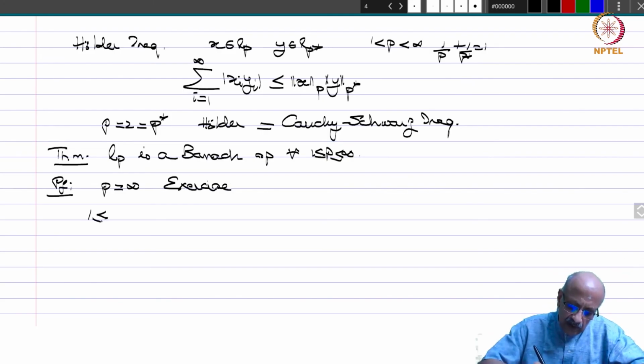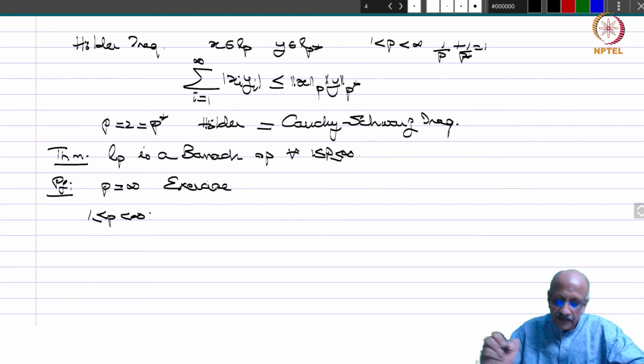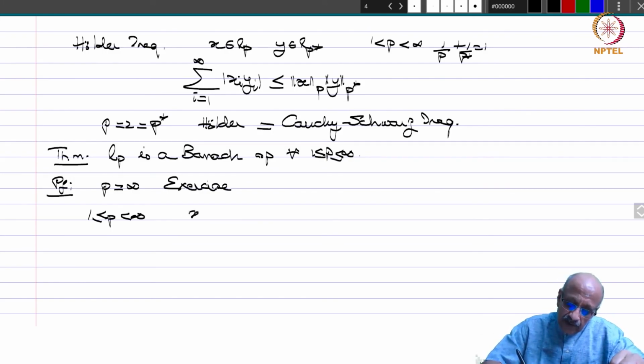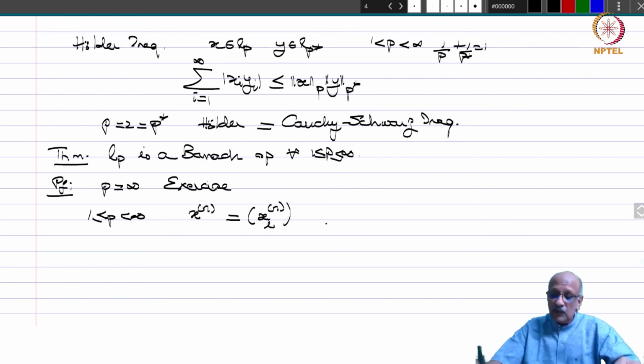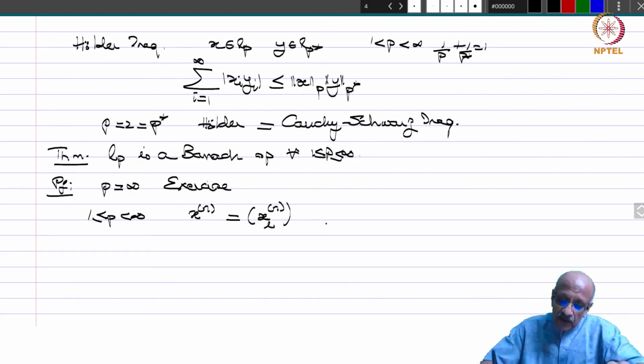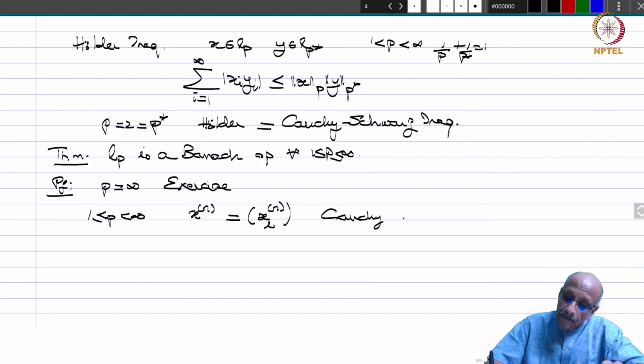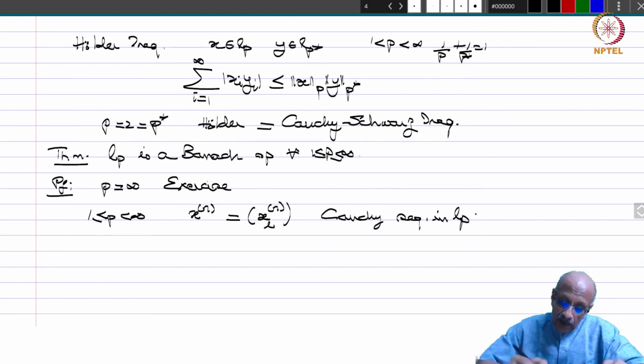So we assume now that 1 ≤ p < infinity, and we have to show that every Cauchy sequence is convergent. Okay, so let us take a Cauchy sequence x_n. I will write its coordinates, so x_n = (x_n^i), where i is going from 1 to infinity for every fixed n. So this is a Cauchy sequence. What does it mean?